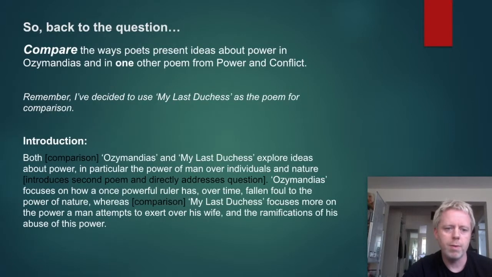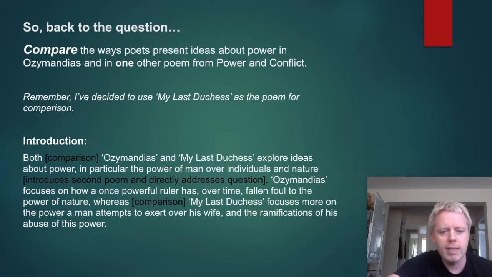Okay, so we'll move on. So back to the question. Here's the question again. Compare the ways poets present ideas about power in Ozymandias and in one other poem from Power and Conflict. Remember, I've decided to use My Last Duchess as the poem for comparison. So here's my introduction. I think this is the third time I'll be reading this, but it's a decent introduction.